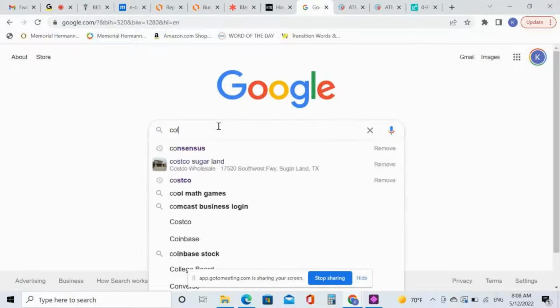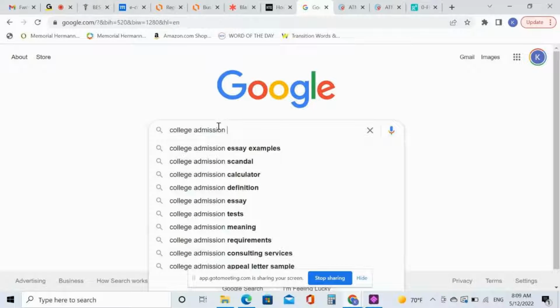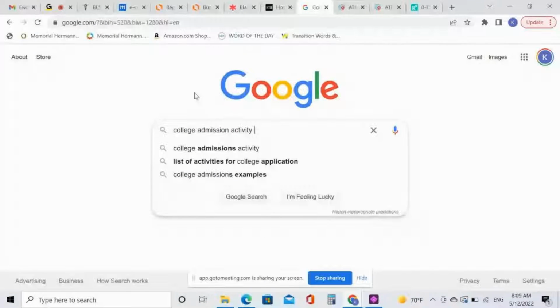Okay, college admission activity diagram. Search for that and a similar diagram.